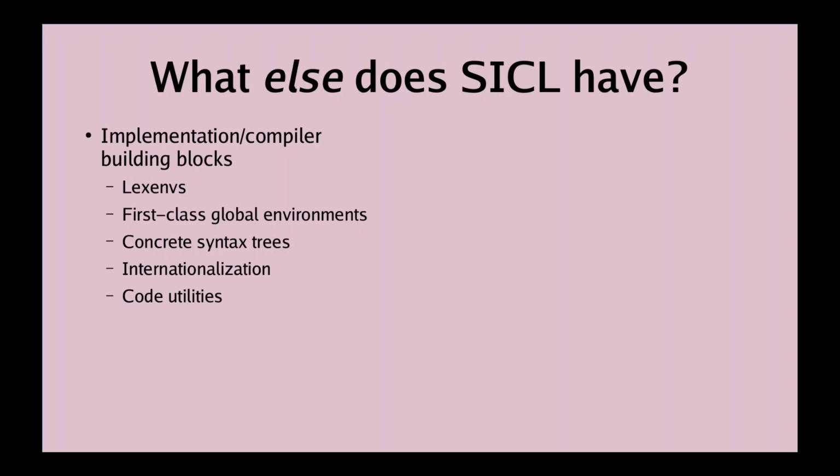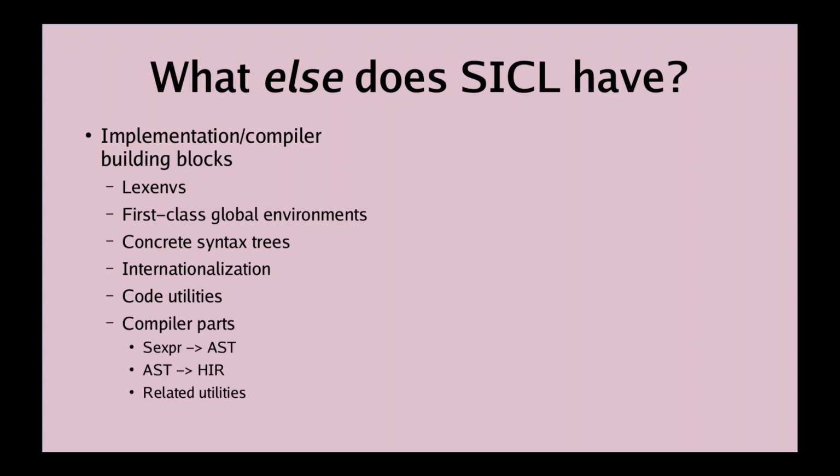There are implementation and compiler building blocks such as lexical environments, first-class global environments, concrete syntax trees as a wrapper around S-expressions that is a little bit more expressive and contains a little bit more metadata, utilities for internationalization, so if someone ever decides to make a Common Lisp implementation that is not 100% English top to bottom, and some code utilities for just implementing Lisp in a slightly better way.